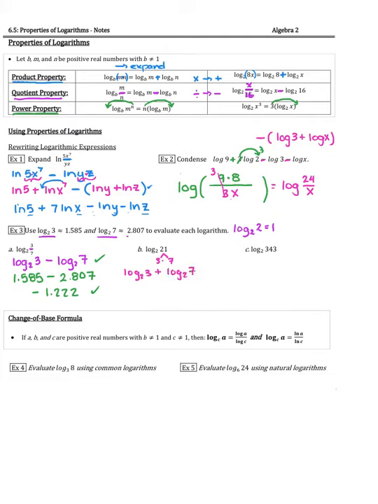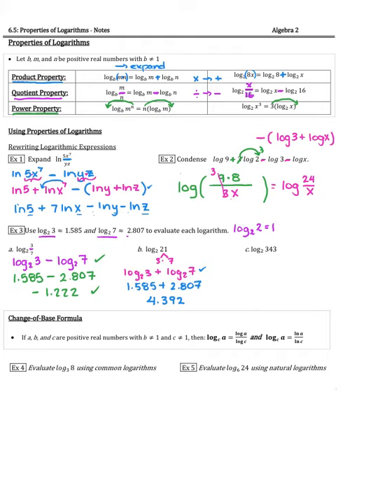So now that I have that expanded, I can substitute in 1.585 plus 2.807, and adding those two decimals together would give me 4.392. All right, again, you want to show that expansion property that you used.